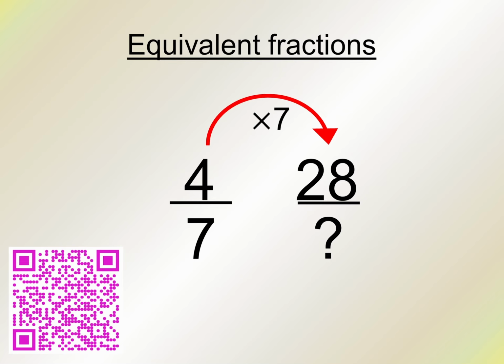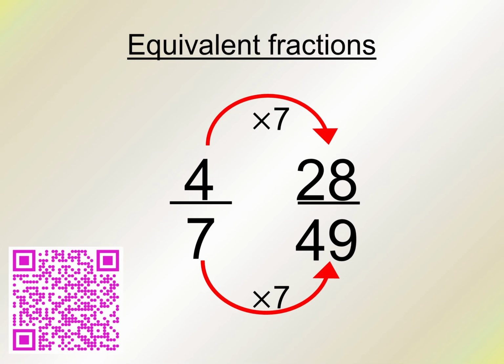I need to multiply by 7. But if you're not comfortable with your 7 times tables, you can do division instead. So 28 divided by 4 gets you 7. To find the missing denominator, we multiply the 7 from the 4/7 by 7. So 7 times 7 gives us 49.